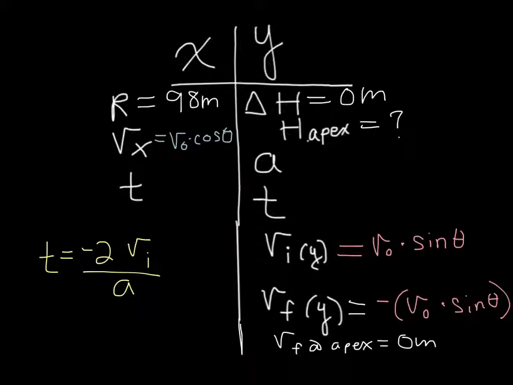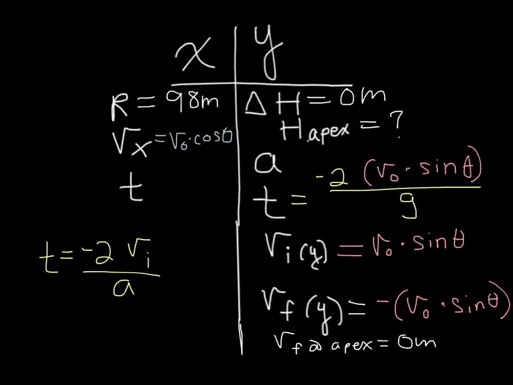So we can say that time is equal to negative 2 times Vi, which is V naught times sine of theta, divided by a, which is 9.8 meters per second squared. So I'm just going to put divided by g right there. So we've now filled in all of that information, and we know that this is the same thing here.